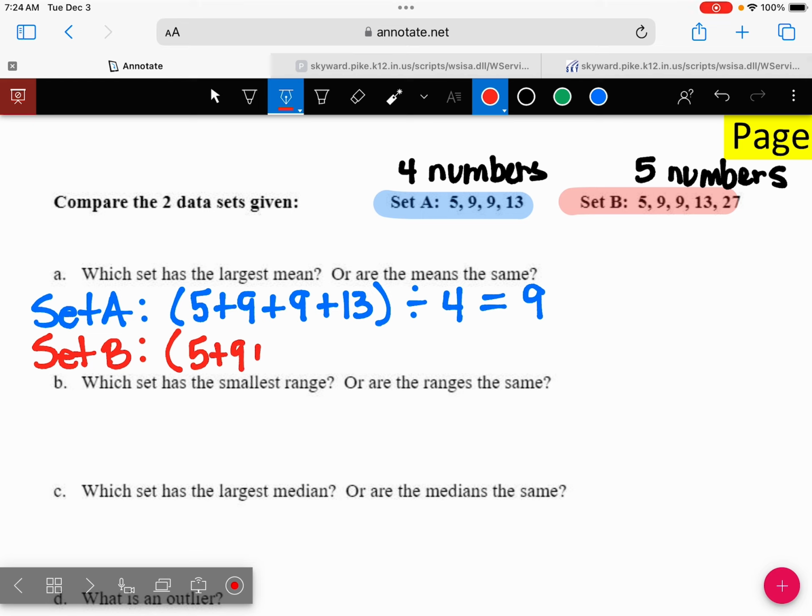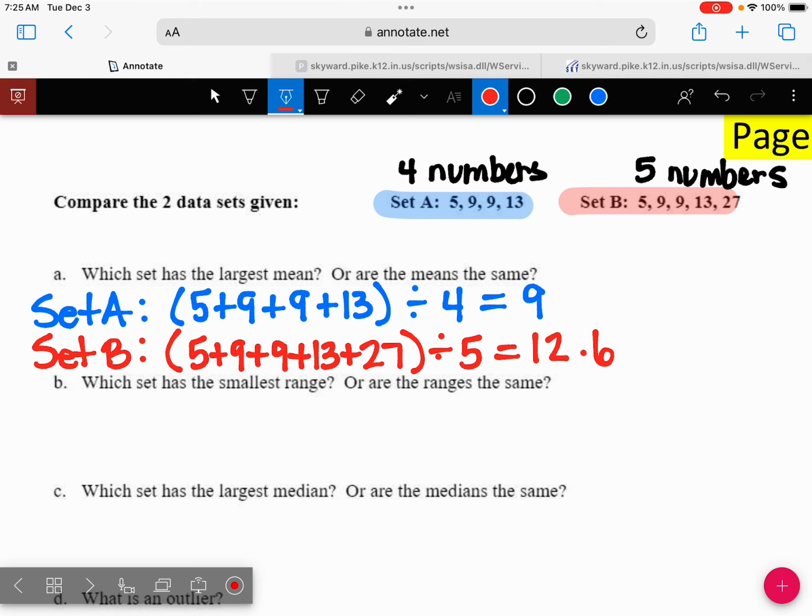So it's 5 plus 9 plus 9 plus 13 plus 27. Divide that by 5. And who got 12.6?